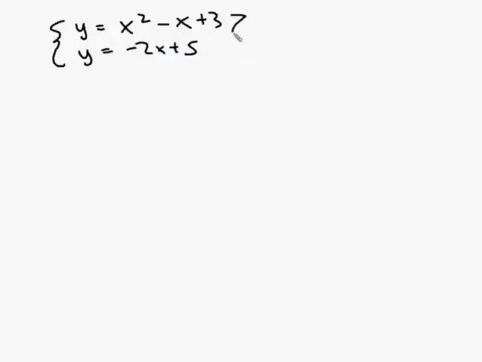All right, let's try another one. And again, I'll just use the substitution method because it's already solved for y in both of these cases. So I'll take all of this stuff and I'll plug it in here.